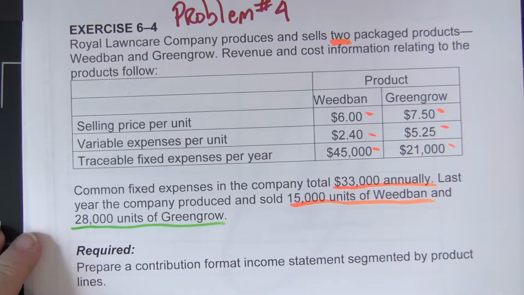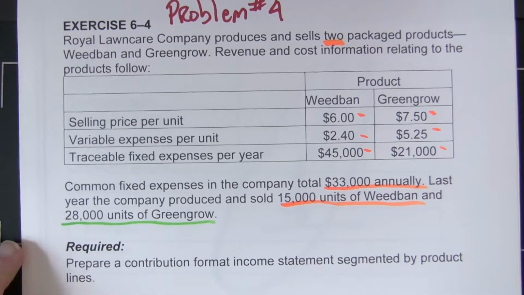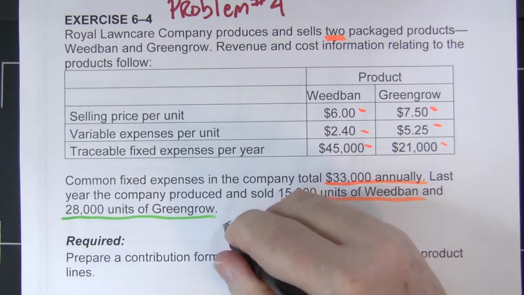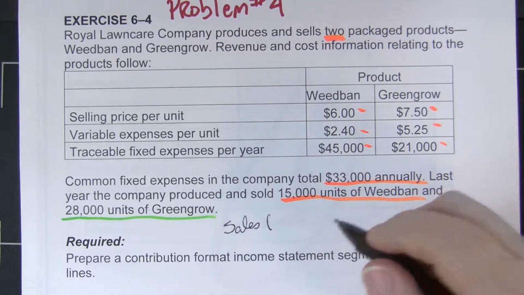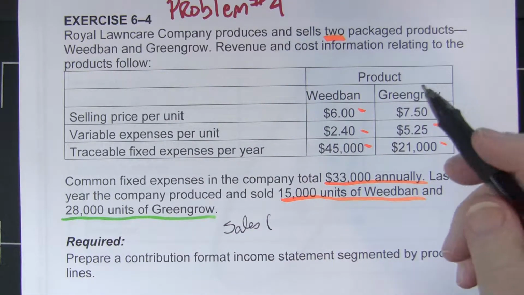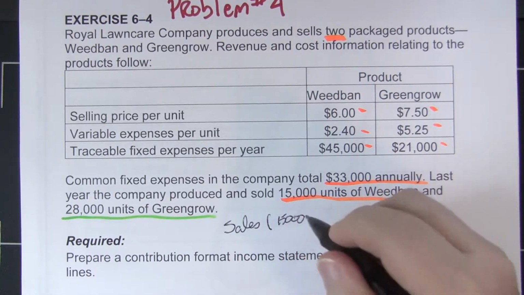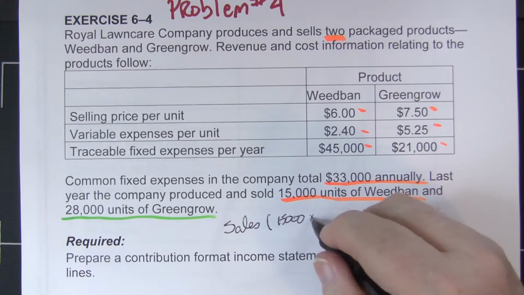To come up with the sales, first we have to take the information that they give us. The sales are 15,000 units of Weed Ban, and they were $6 a unit.